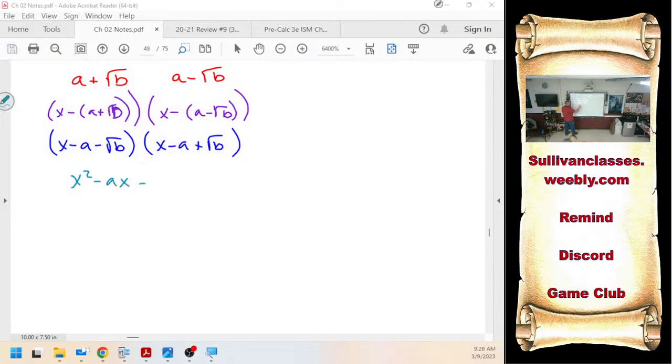x squared minus ax minus x root of b. Negative a times the stuff: negative ax plus a squared minus a root of b. Negative root of b times the stuff: negative x root of b, plus a root of b minus b, or technically, root of b squared.